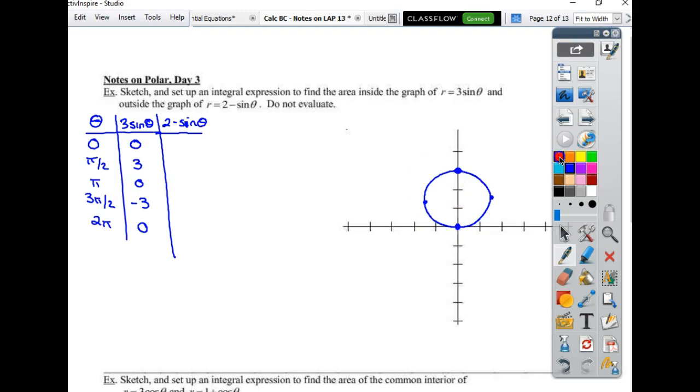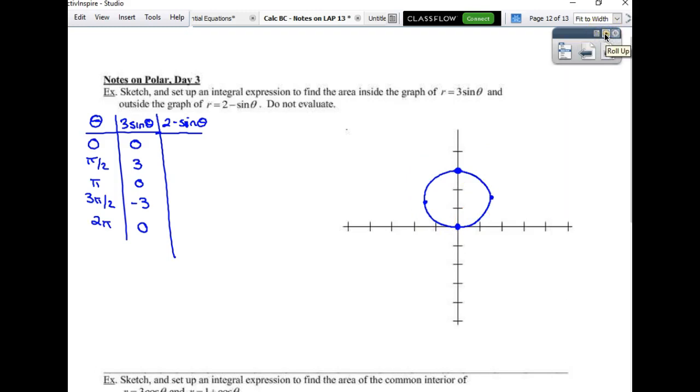On the flip side, we have a much more interesting graph in 2 minus the sine of theta. So again, sine of 0 is 0, so this is 2 minus 0, which is 2. 2 minus sine of pi halves is 1, so 2 minus 1 is 1. At pi, this will be 2.